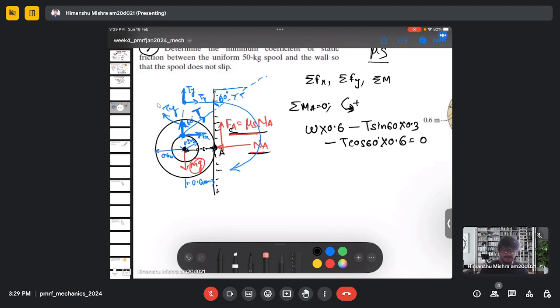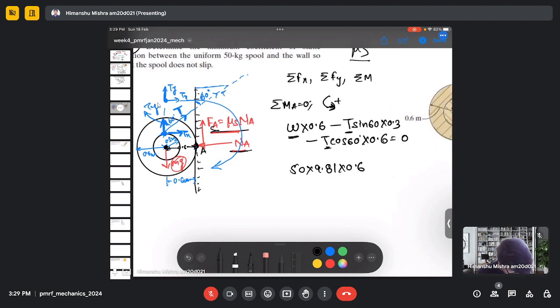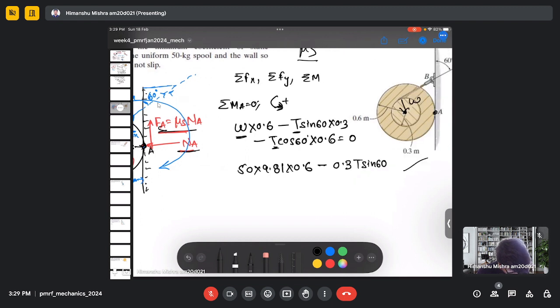So now you can see from this equation that we can write T in terms of weight. And weight is 59.81 multiplied by 0.6, 0.3 T sine 60 minus 0.6 T cos 60 equal to 0.